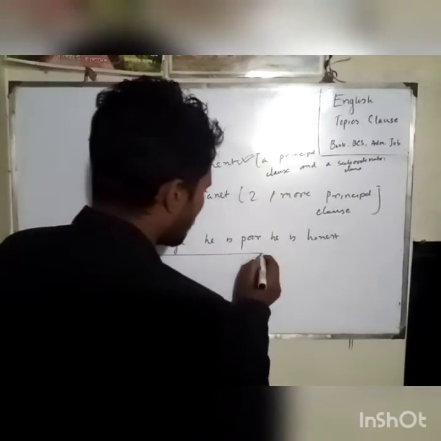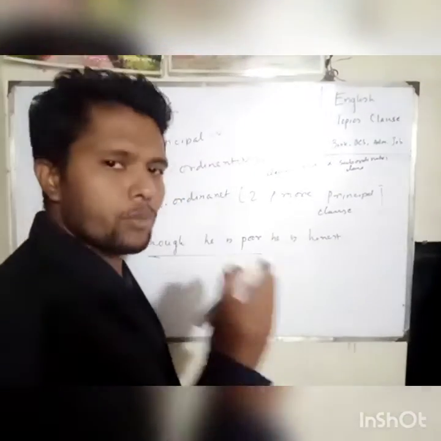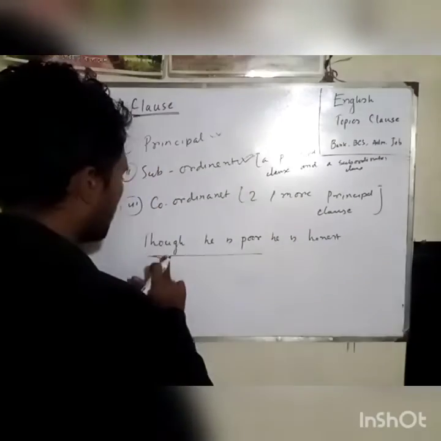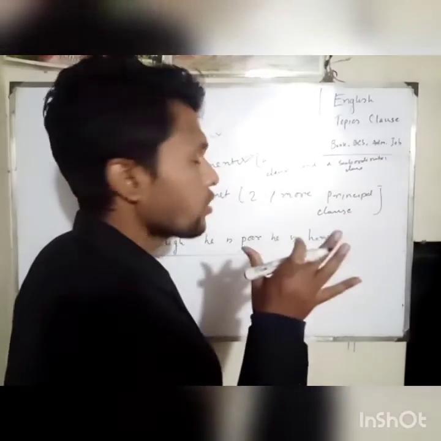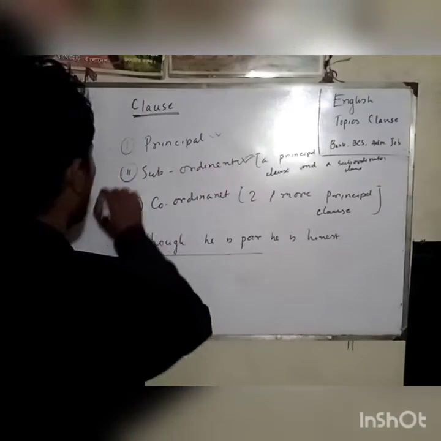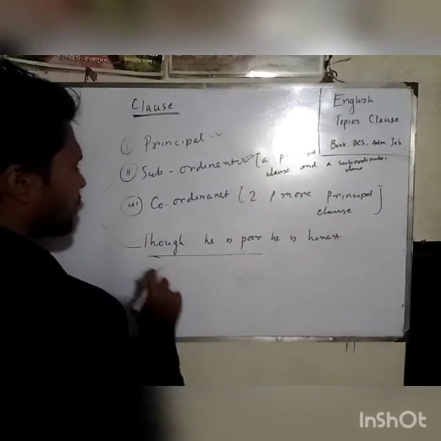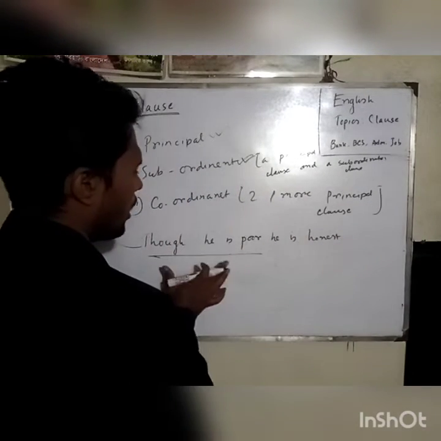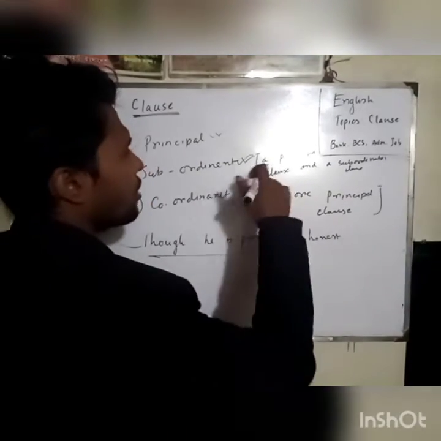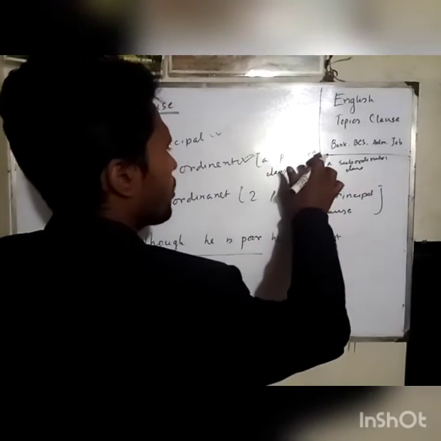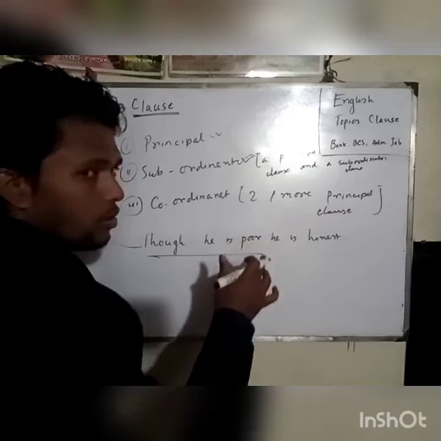Here, though he is poor, does not describe a full meaning. But when we say, though he is poor, he is honest, it describes a full meaning. So it's called a subordinate clause. A subordinate clause always consists of a principal clause and another clause.